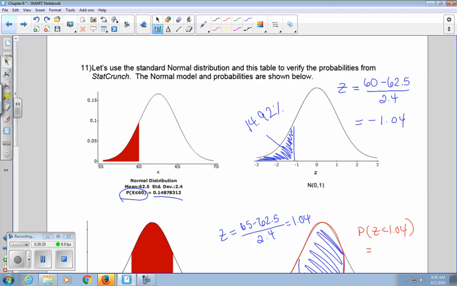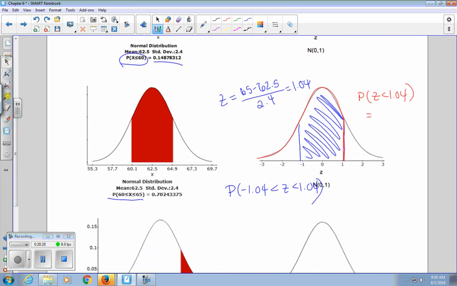So the red is 0.8508. Okay, so that's this whole area. If we look up the probability of Z being less than negative 1.04, that's going to be this area, the green. And we found that already in the above example. That was equal to 0.1492. So how can we find the blue area?